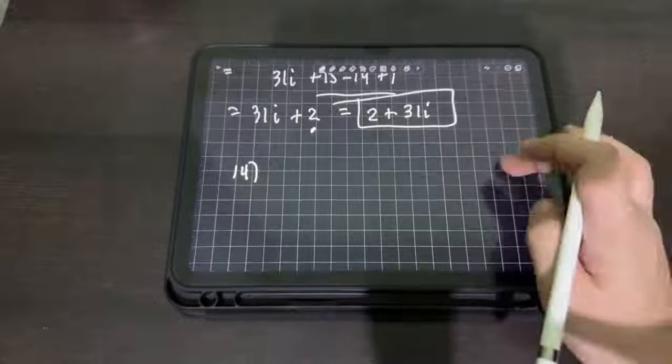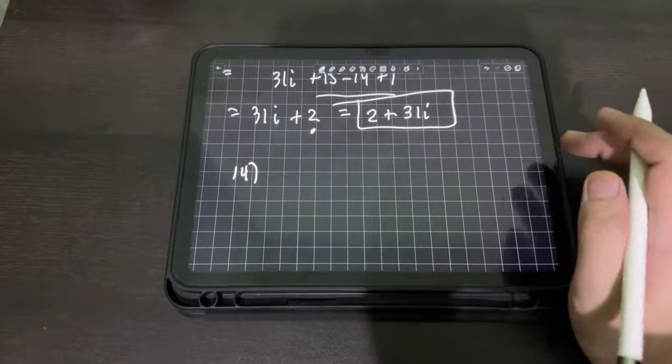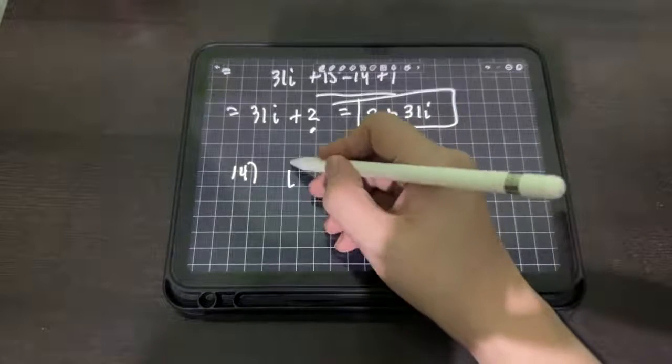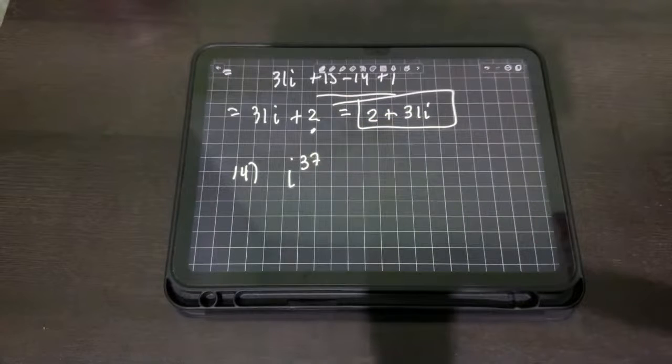Next, for 14, what if i is raised to 37? How do we simplify or evaluate imaginary number i raised to a certain integral exponent, no matter how big it is? Actually, there is a pattern.